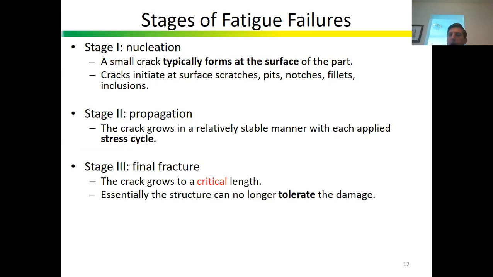And then the crack will grow and propagate in basically a stable fashion for a little bit, or perhaps a long time, depending on how quickly the cycles are being applied. And then the part just kind of catastrophically or abruptly fails. So those are the three stages: nucleation, propagation, and final fracture.